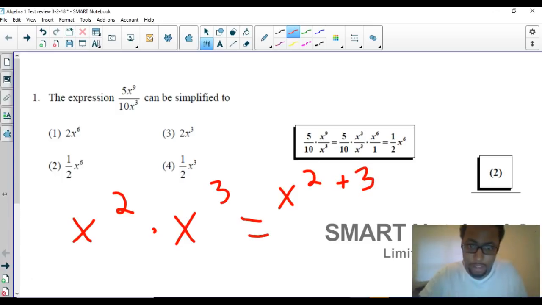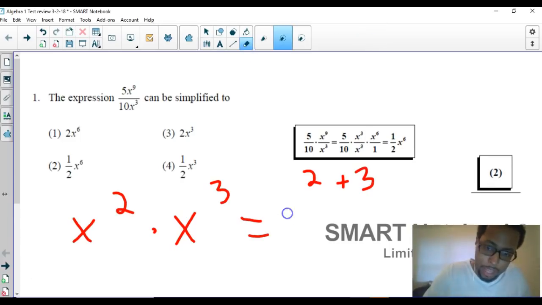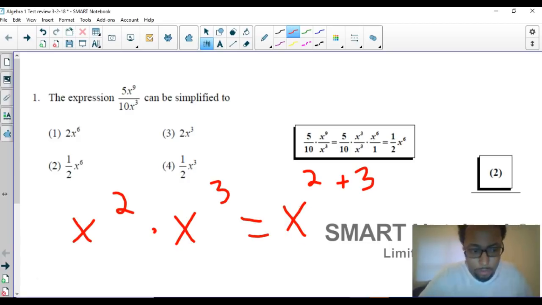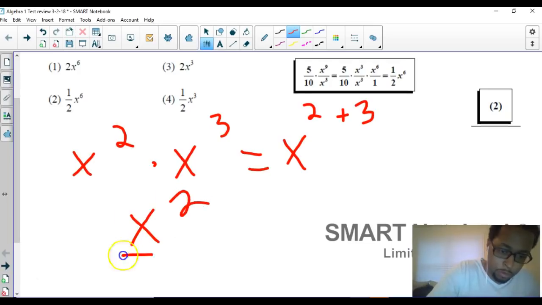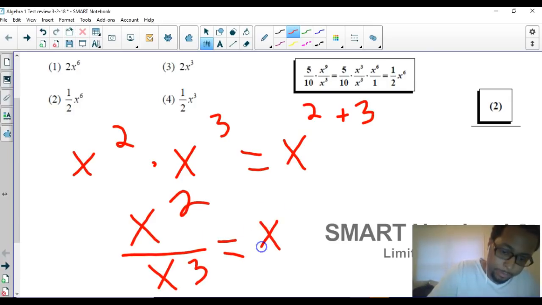When you multiply exponents, you're really adding them. The same is true for the opposite. When you're dividing exponents, you are really subtracting them.